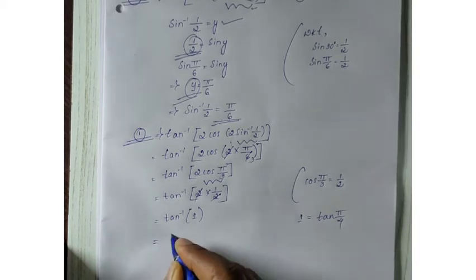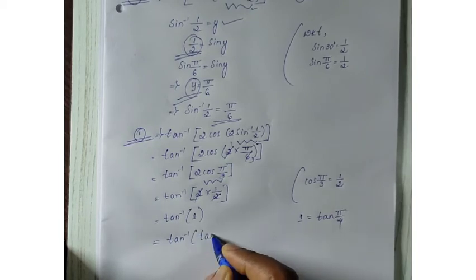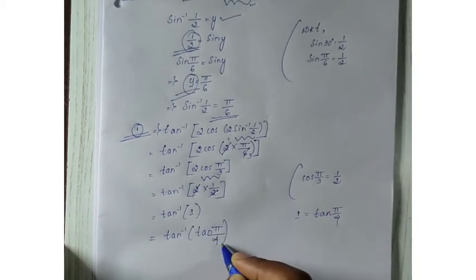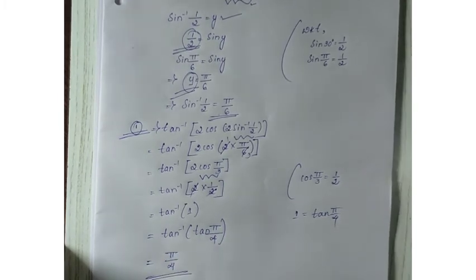Therefore, tan inverse tan pi by 4. This is simply pi by 4. So pi by 4 is the value of tan inverse of 2 cos of 2 sin inverse 1 by 2.